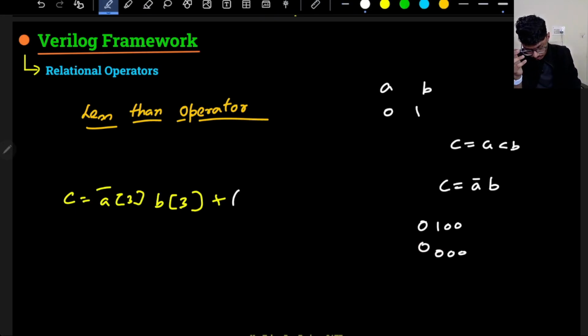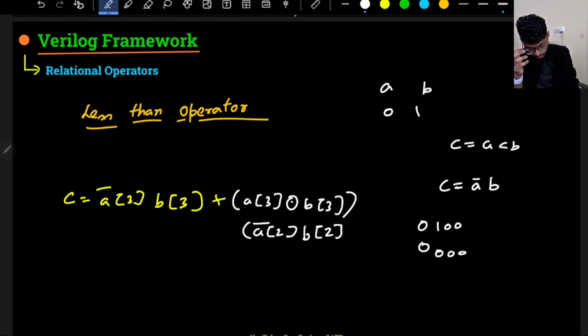This will be A, first I have to check equality, A XNOR B, then multiply it with A2 bar B2, okay. So this will just get repeated until 0, okay. This I already have explained.